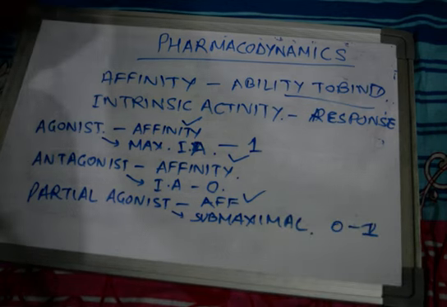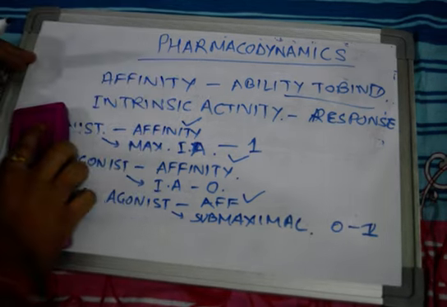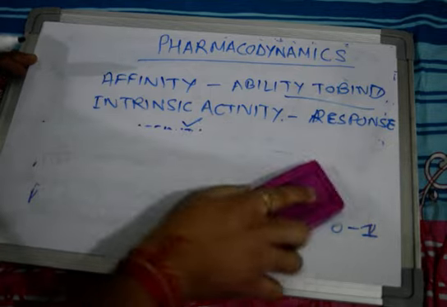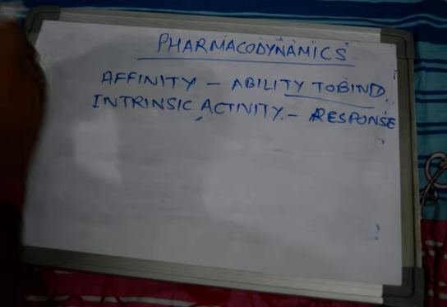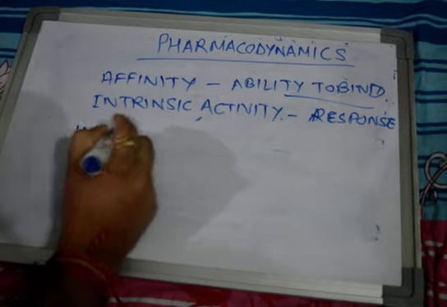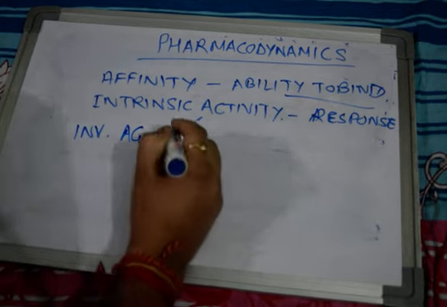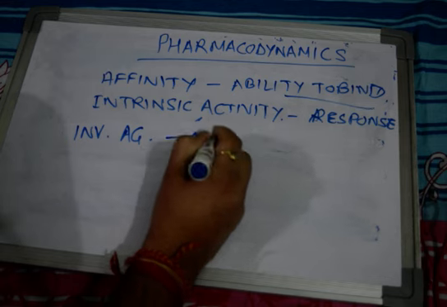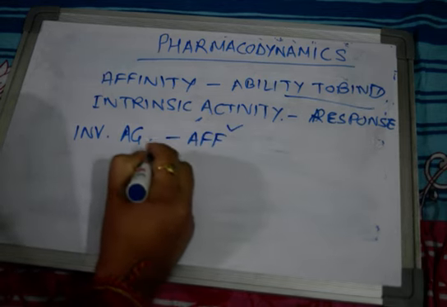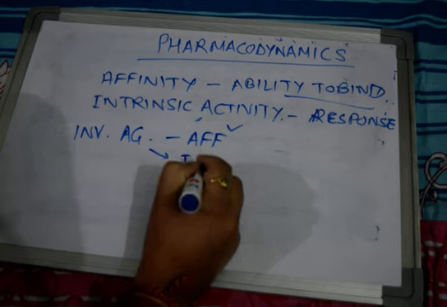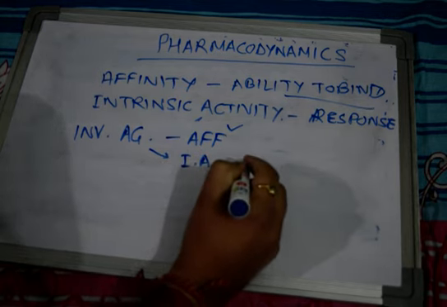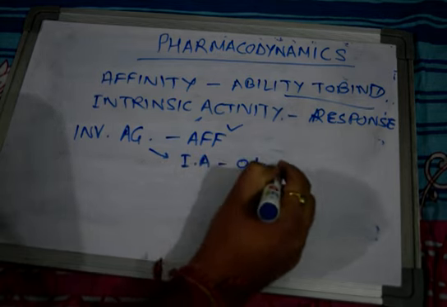Okay, and then coming to the inverse agonist. In case of inverse agonist, affinity is there, yes, affinity is full, but the intrinsic activity is towards the negative side, so it is 0 to -1.